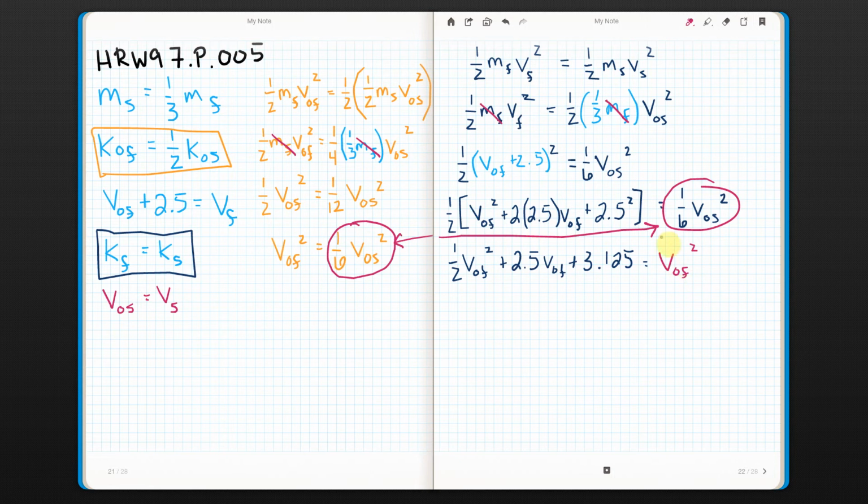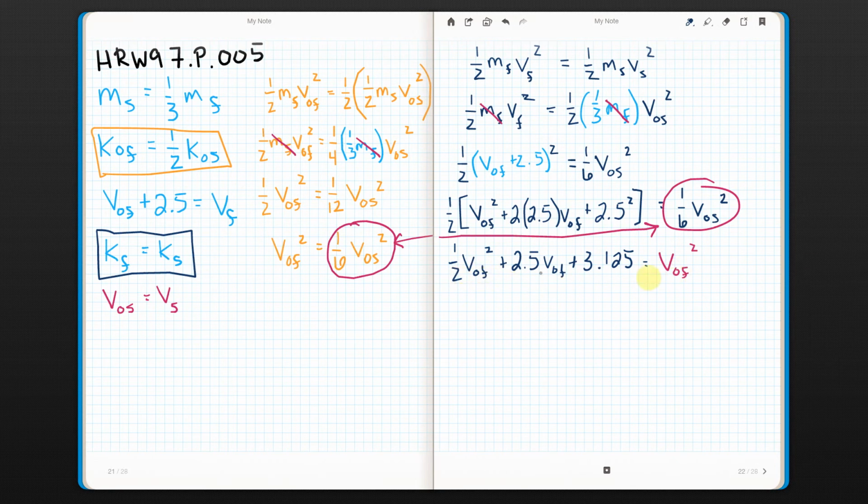Now, unfortunately, what I have is a squared term, a linear term, and a constant. That just screams at me, quadratic equation! So I'm going to rearrange this to look like the quadratic equation, with everything equals 0. I like having my a be a positive number, so I'm just going to subtract everything over.